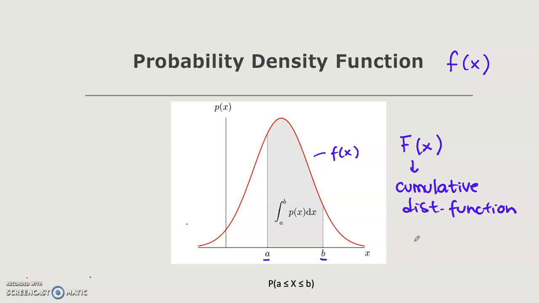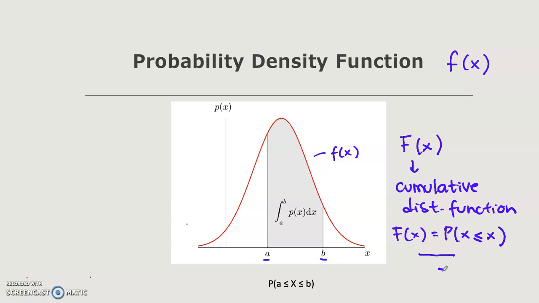Let's say that F(x) equals the probability of x less than a value. So this denotes the area under the probability density function.